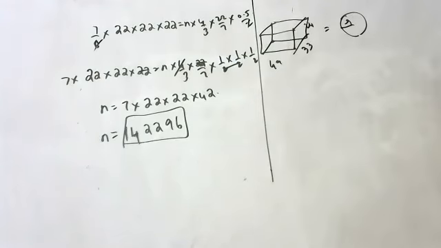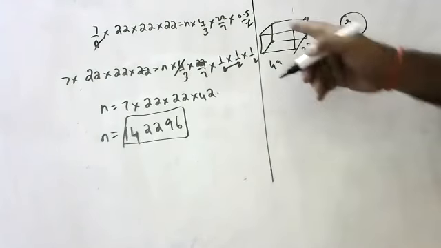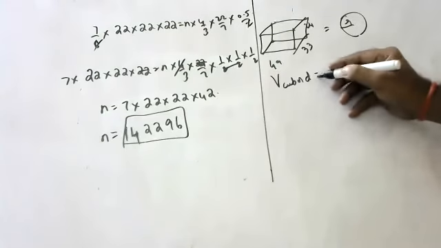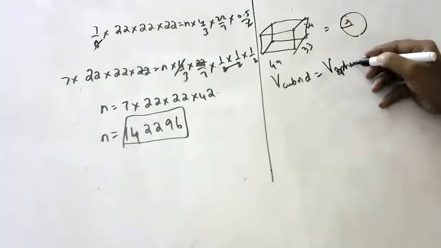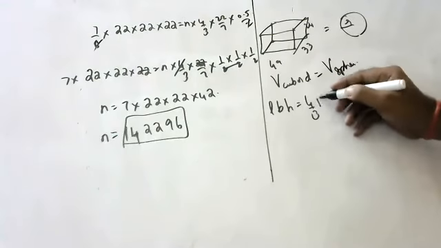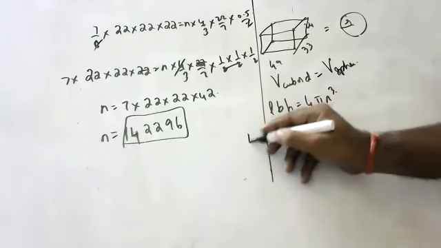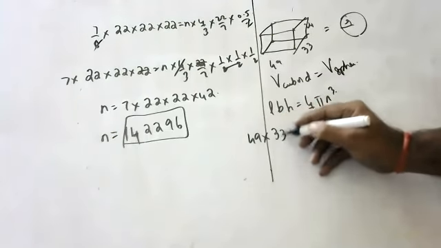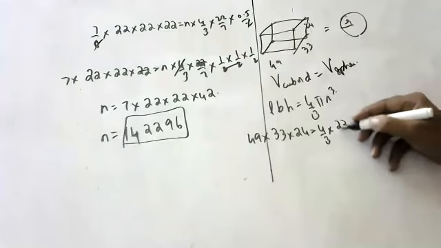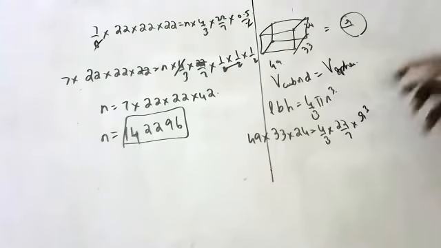Volume of cuboid is equal to volume of sphere. LBH is equal to 4 by 3 pi r cube. So 49 into 33 into 24 is equal to 4 by 3 into 22 by 7 into r cube.